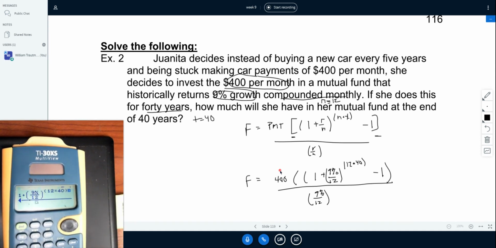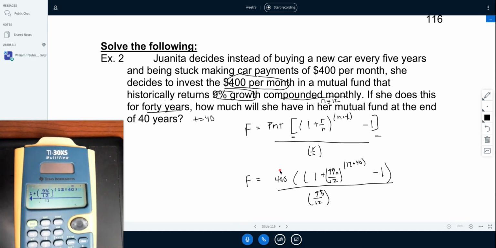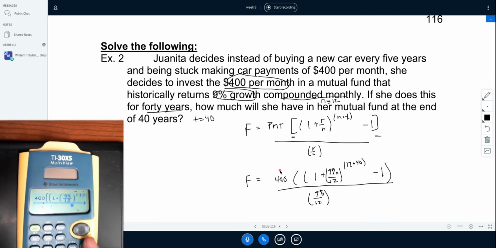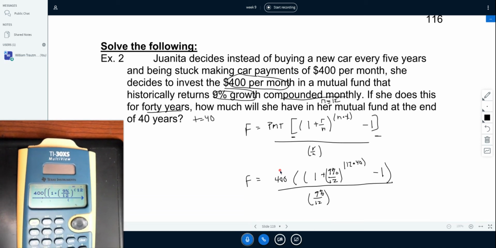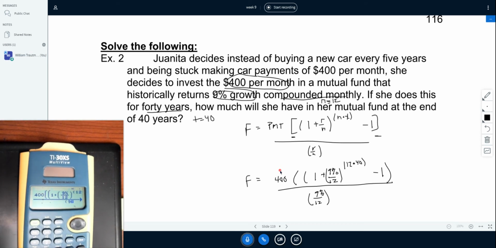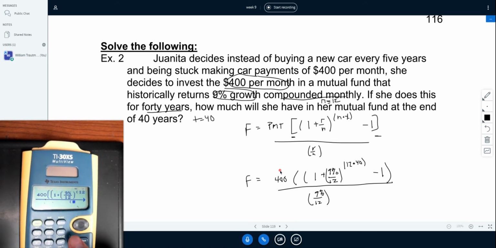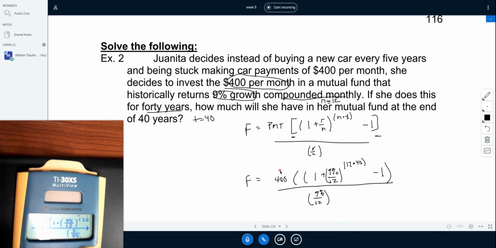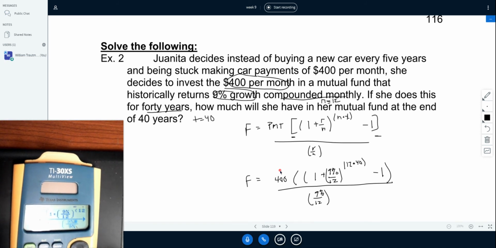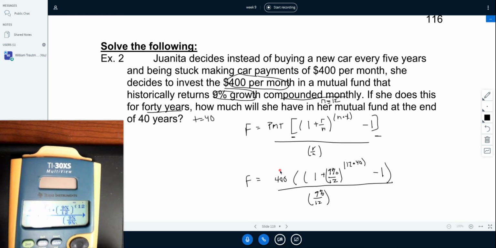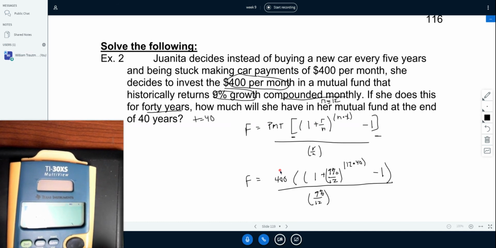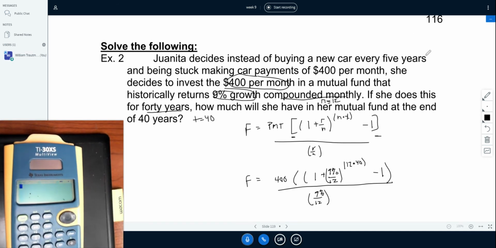Oh, I think I must have typed a 0 in somewhere. Minus 1, close parentheses, all divided by 9. Oh, it's all divided by a fraction, 9%, except 9% should be on top. Give me a second.